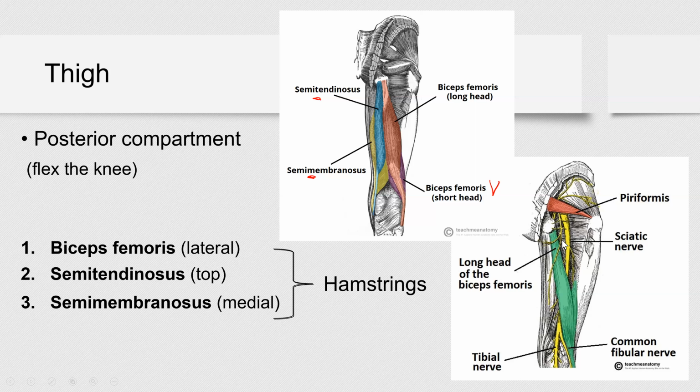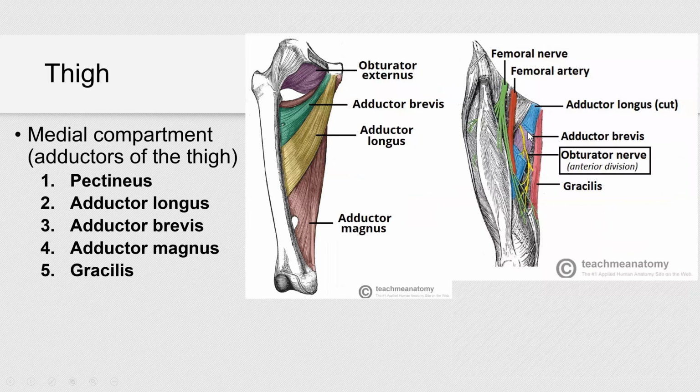And it kind of passes underneath the biceps femoris. And when sciatic nerve comes to the popliteal region, it splits into tibial and common fibular nerve. And these nerves innervate your lower limb, right? The same as we looked over here, obturator nerve innervates your lower limb and femoral nerve innervates your lower limb.